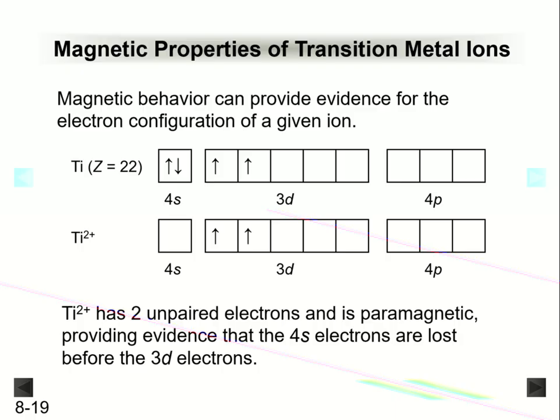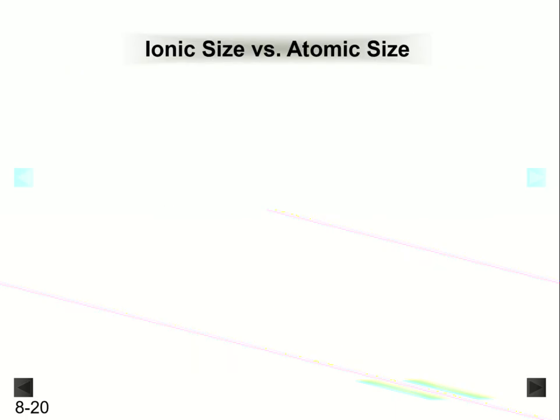Titanium 2+ has 2 unpaired electrons. It's paramagnetic, and that proves to us that the 4s electrons are lost before the 3d electrons. So this is how we learn what the electron configurations for these elements look like.